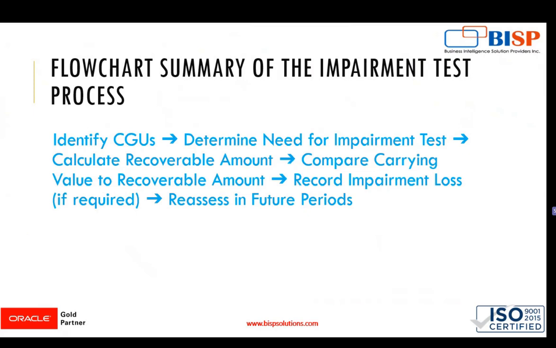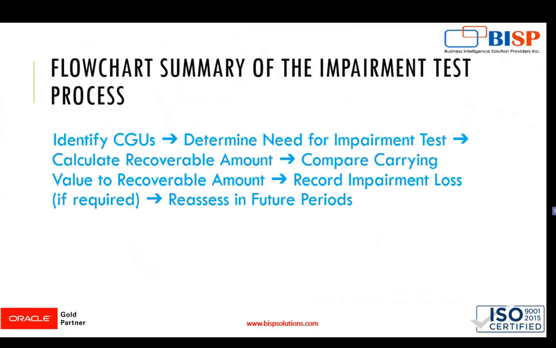If the carrying value is higher than the recoverable amount, we incur an impairment loss. We record the impairment loss in the income statement, and the amount deducted from the asset's carrying value is recorded as impairment loss.